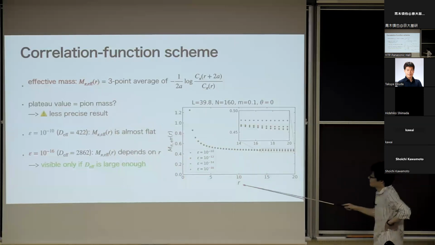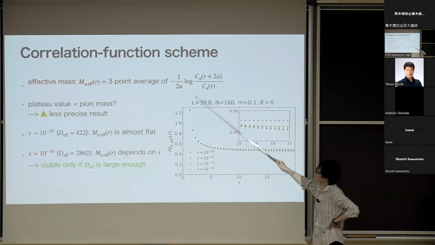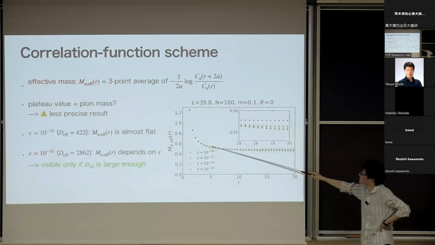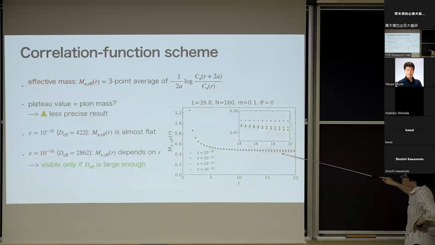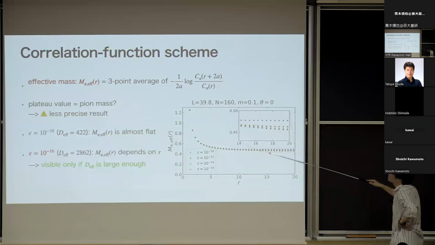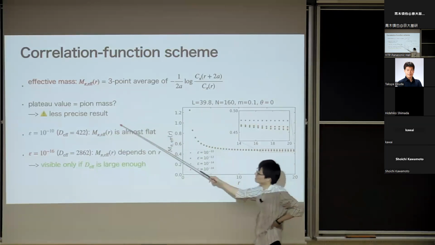The horizontal axis is the distance r. This plot is the effective mass. So we can see some plateau-like behavior in the large distance region. Usually we regard this plateau value as the pion mass. But this estimation is actually less precise.